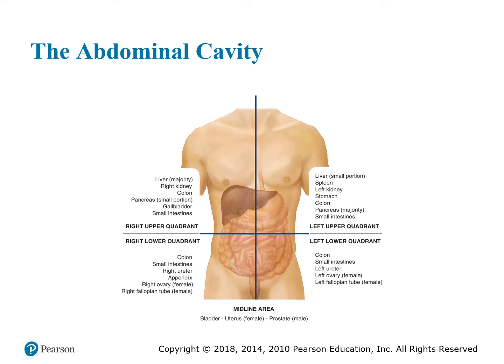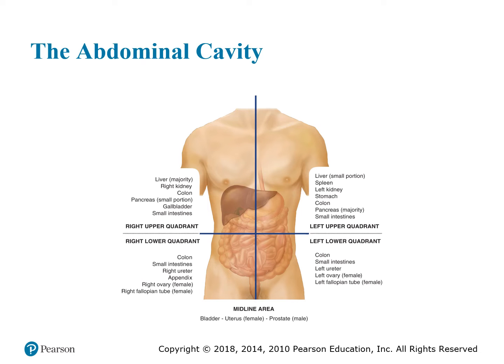So we have a small portion of the liver in the left upper quadrant, spleen, left kidney, the stomach, here you go, the colon, so the rest of our transverse colon and a section of our descending colon. Okay, majority of the pancreas and small intestines. Now, we palpate for the pancreas in the left upper quadrant.